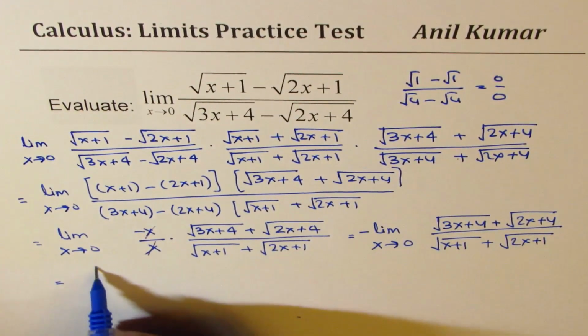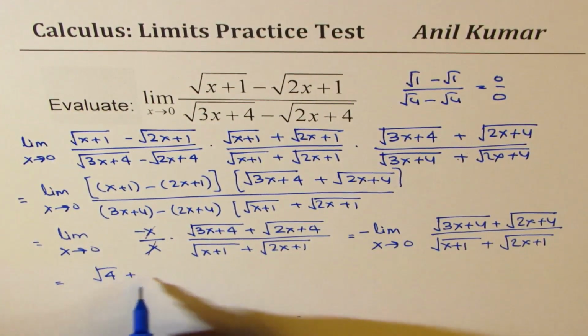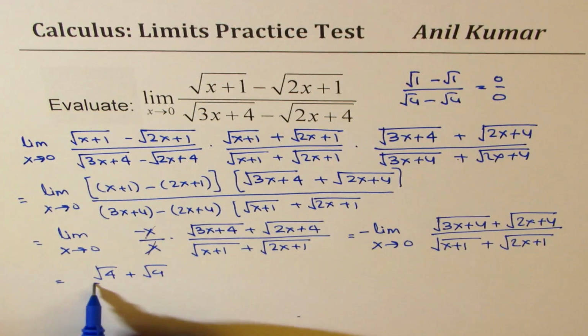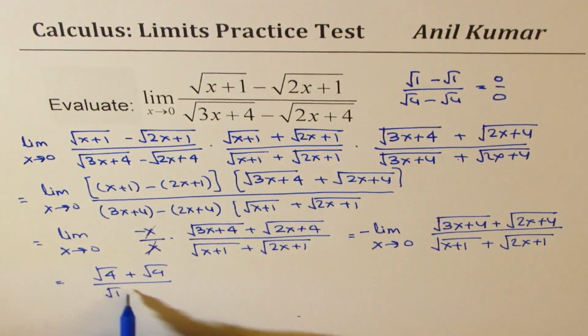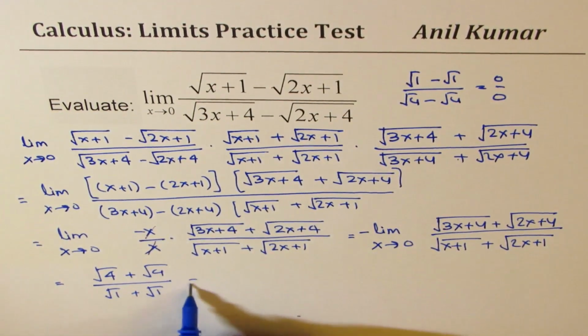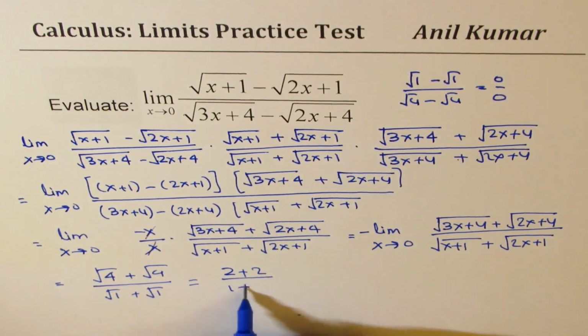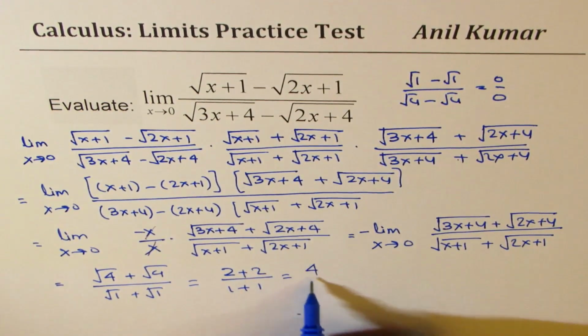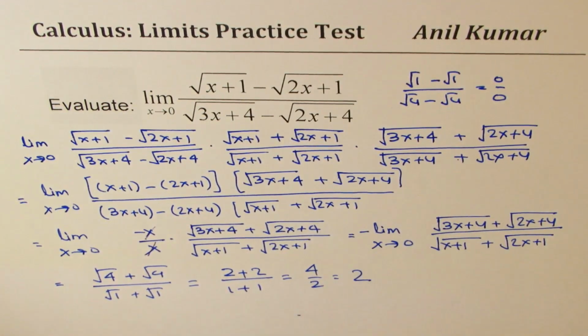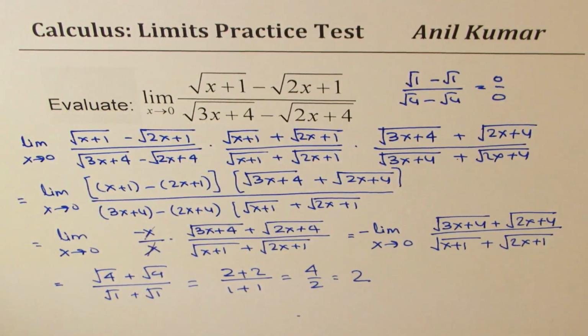So we get square root of 4 plus square root of 4 over square root of 1 plus square root of 1, which is, so this is 2 plus 2, and here it is 1 plus 1. So we get 4 over 2, which is 2, right? So the limit of this function is indeed 2.